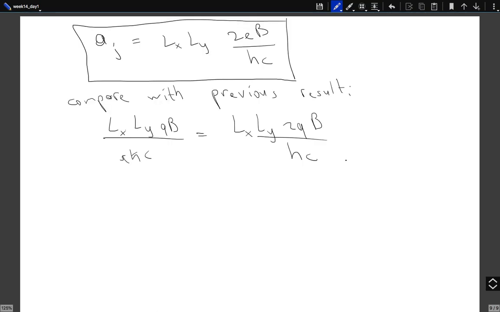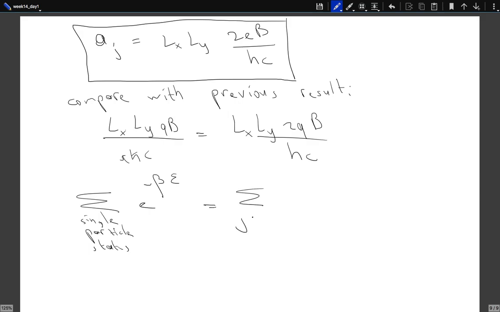Now that I know the degeneracies, I can go ahead and calculate the partition function. Let's do it for a single particle: the sum over single particle states of e to the power minus beta epsilon.